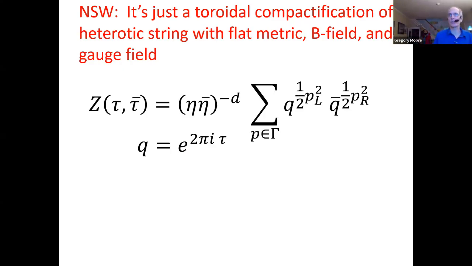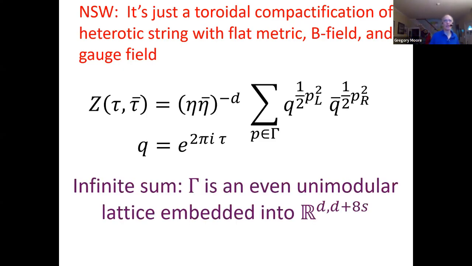If you look at the partition function of the relevant conformal field theory, it has an expression like this, where you see a sum of holomorphically factorized terms. q is holomorphic in the modular parameter, q bar is anti-holomorphic, but the sum is an infinite sum because the gamma here is an even unimodular lattice embedded into Euclidean space.